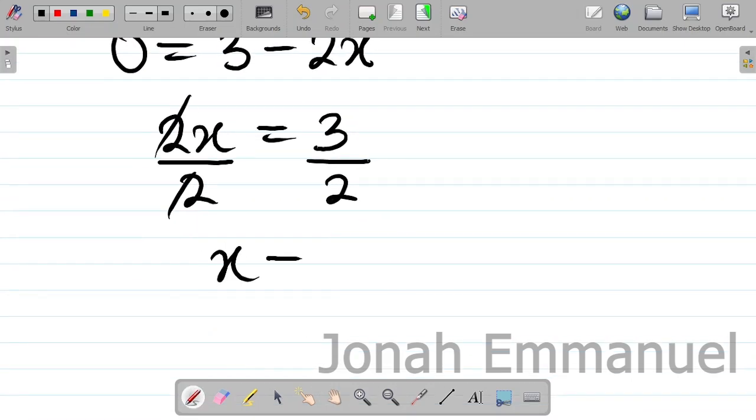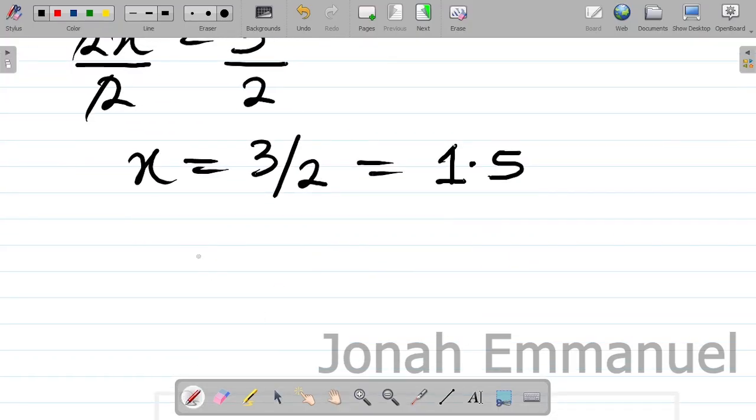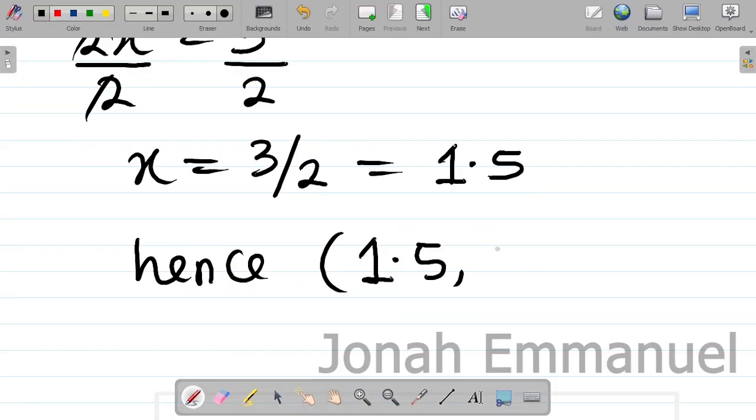We can say that x is equal to 3 over 2, which is equal to 1.5. So what's the coordinate here? When x is 1.5, y is equal to 0. This is the x-intercept.